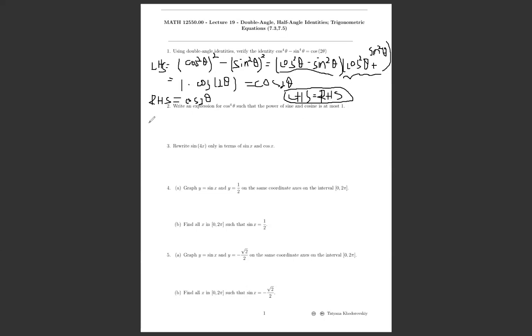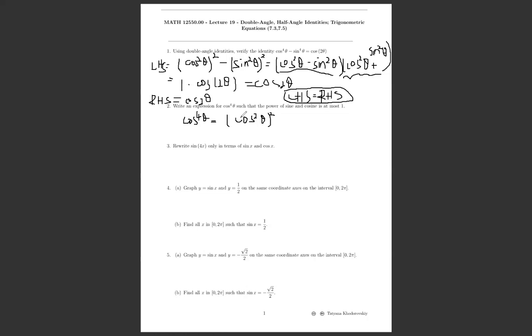So the next question is we have cosine theta to the fourth power, and we want to have sine and cosine that have power at most 1. So we want to reduce the power. The first thing is to recognize the fourth power as the square of a square.